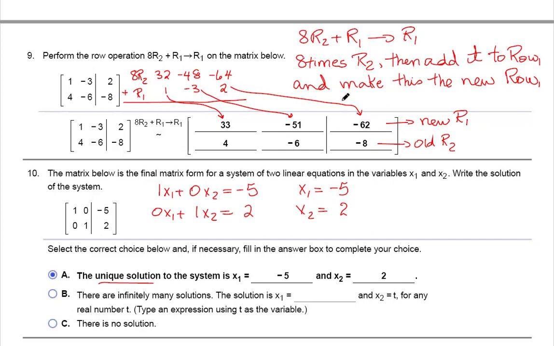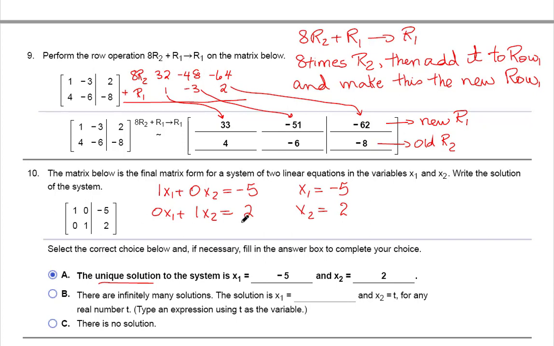Now, the new row 1, which we just formed, is the only thing that's new. Notice in the process, row 2 remains the same. This operation of multiplying and adding does not change the original row 2. It's only making the new one on the right-hand side.